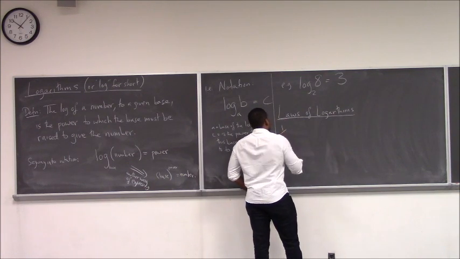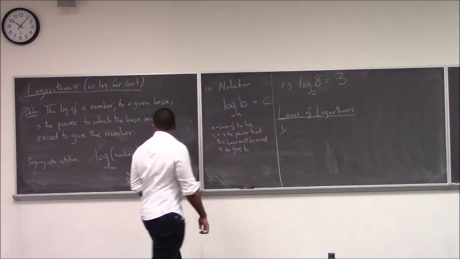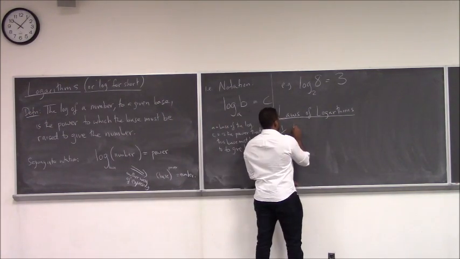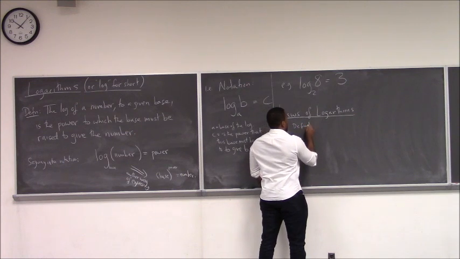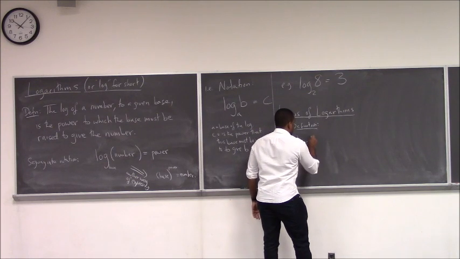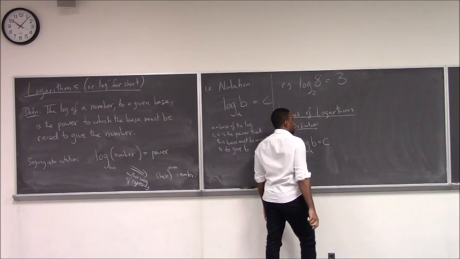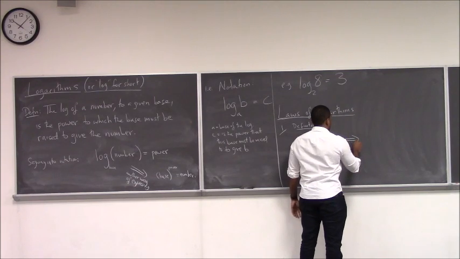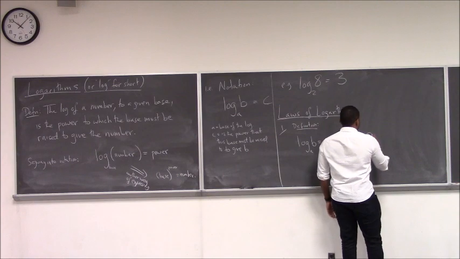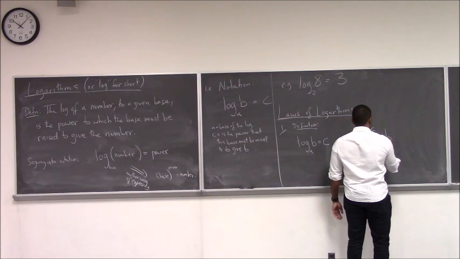So one, the first rule is kind of just the definition, basically. But written in symbols, it's good to know it as a rule in itself. So basically we say log to the base a of b is equal to c if and only if a raised to the c will give you b.